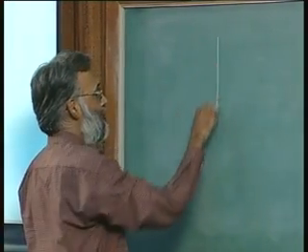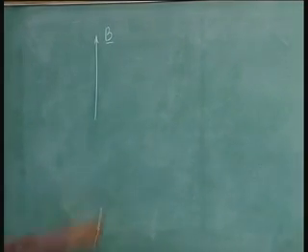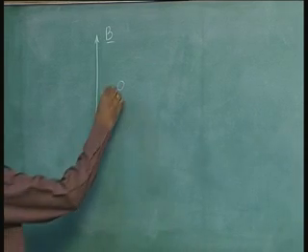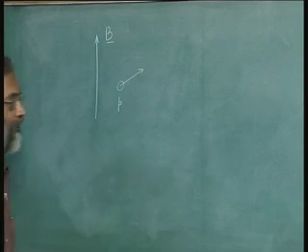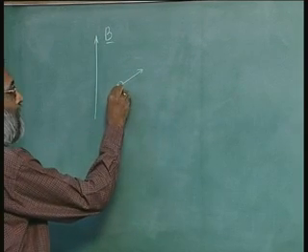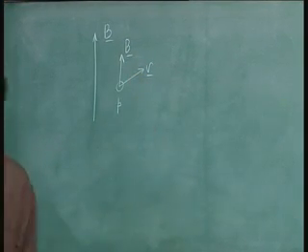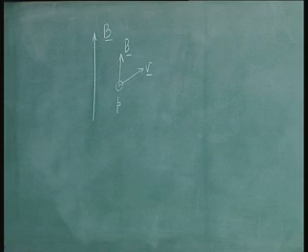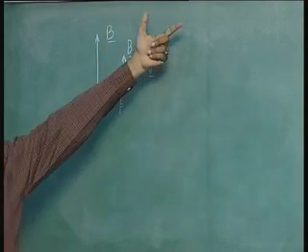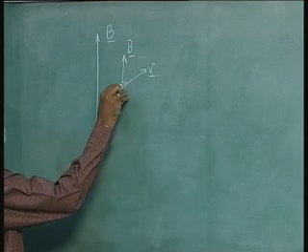When a magnetic field is present, and you have a proton, and the proton is moving in a certain direction, you find that the proton, in the presence of a magnetic field B, does not change its direction either in the direction B or in the direction V. In fact, the proton tries to change its direction in the third direction.